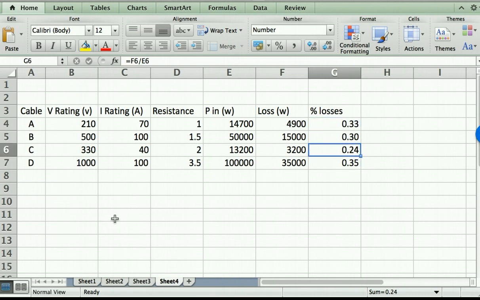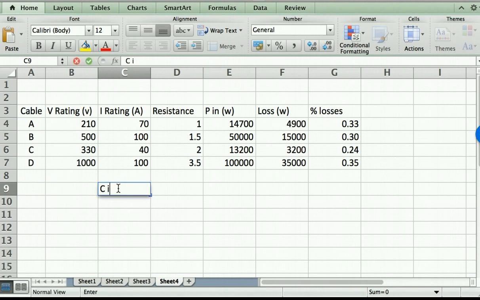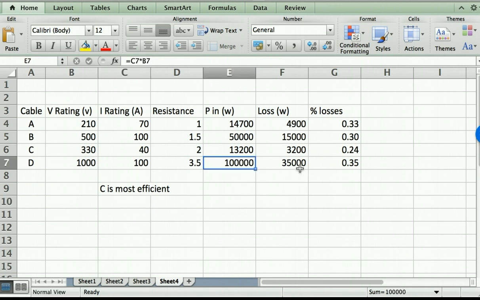Only after doing all these calculations am I able to conclude that C is most efficient. However, when you look at cable D, it is able to carry more power, like 100,000 watts. But even though it is able to carry more power, it's not efficient. So under efficiency conditions, C is the most efficient.